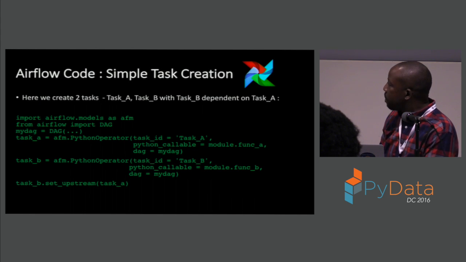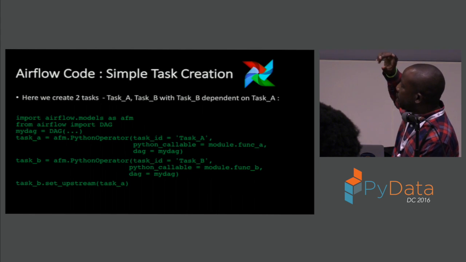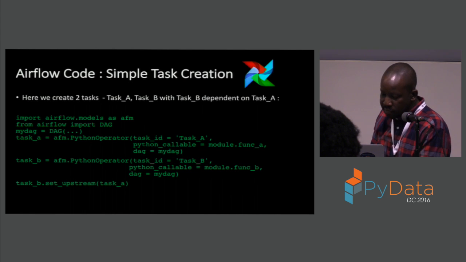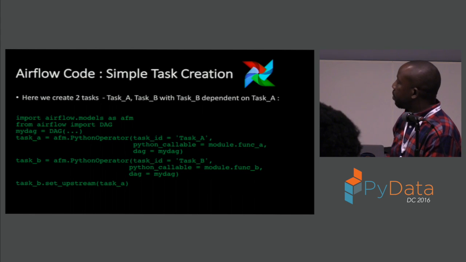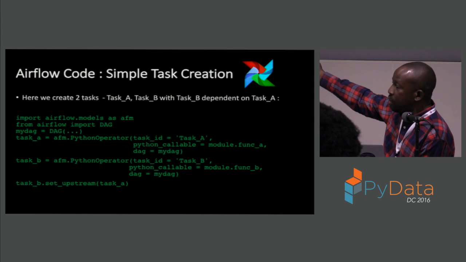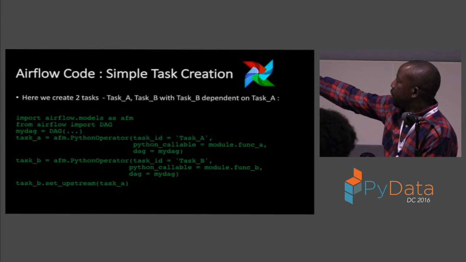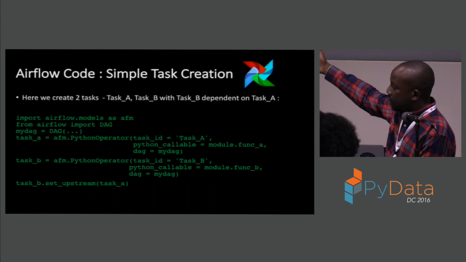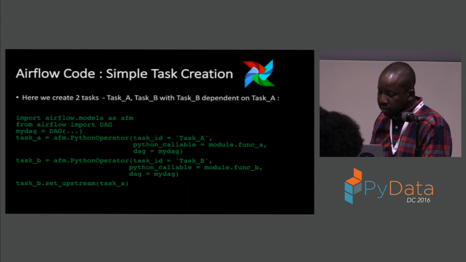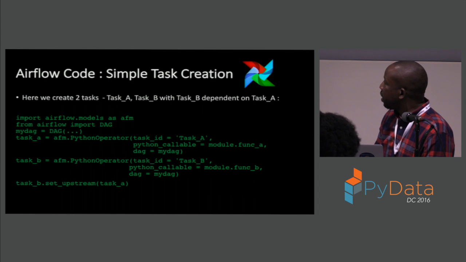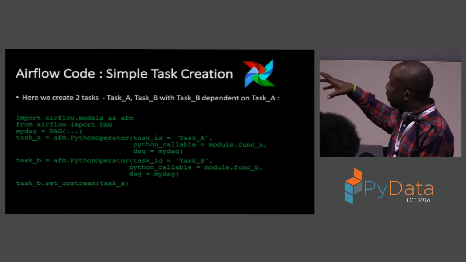To specify a dependency, you call set_upstream, and that says task B is dependent on task A running successfully. There's another function called set_downstream, in which case task A and task B are switched. So that's just another option: task_A.set_downstream(task_B). This is the DAG definition file, and it's basically just for tooling. It's not really doing our data processing.